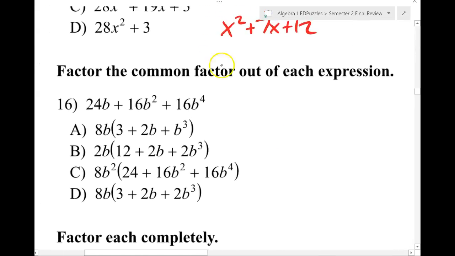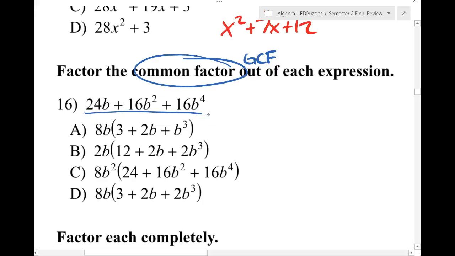Okay, now factor out a common factor, or, as we called it in class, a GCF, the greatest common factor, out of this expression here. Okay, so what we want to do is first you focus on the coefficients, or the numbers, and you say to yourself, what's the greatest common factor among those numbers?